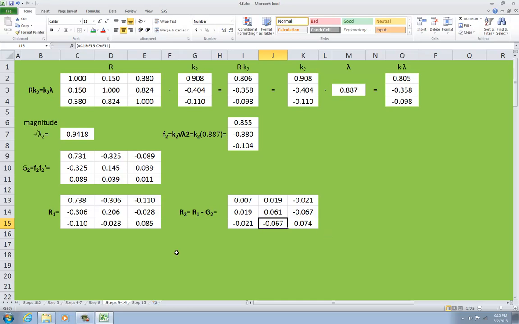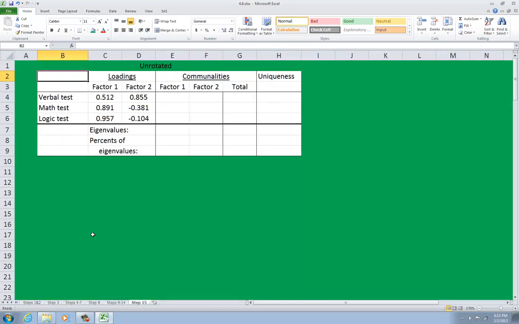All right, let's move on to the last step. Are you ready? Step 15. This is the final step in which we adjoin F1 and F2, which are the vectors of factor loadings, to create the matrix of factor loadings F, and complete the factor analysis summary table. So I've already created the table.